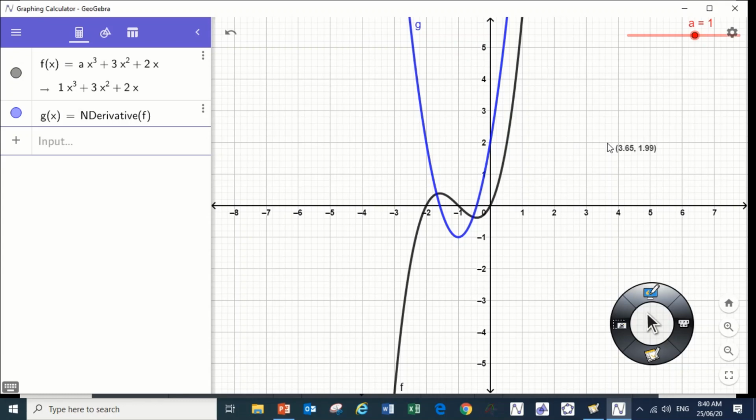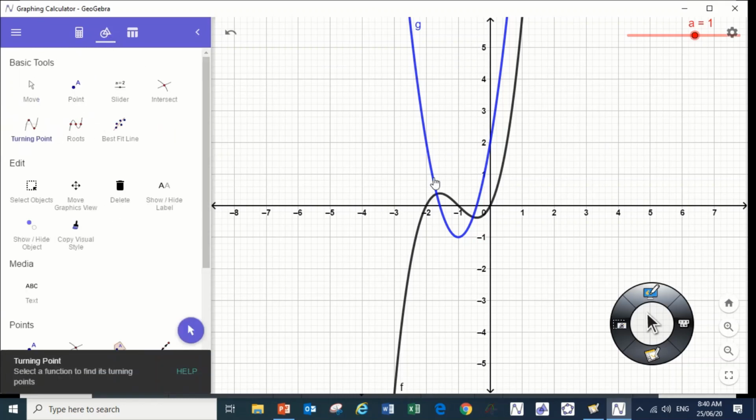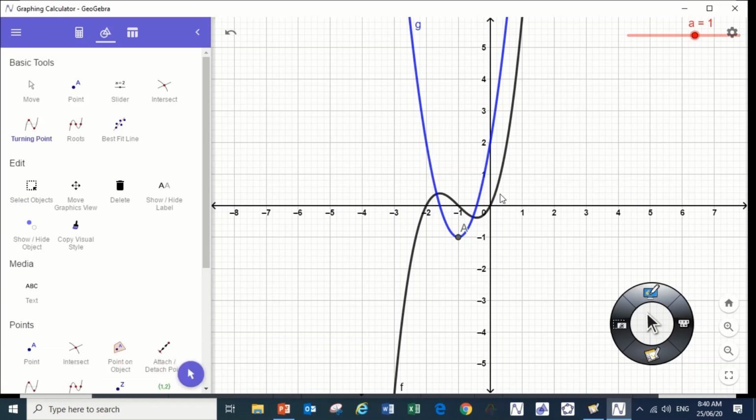Now, let me ask the computer to just add these points. We want the turning points of the graphs. Those are the turning points of the two graphs. So you have your minimum and maximum for the cubic graph.